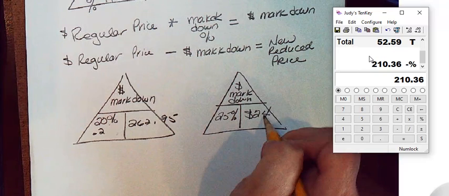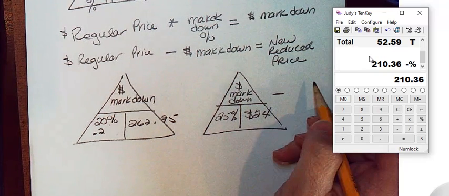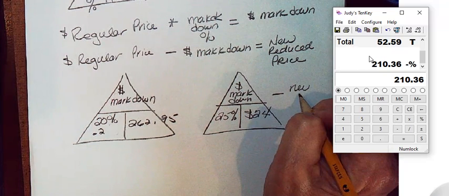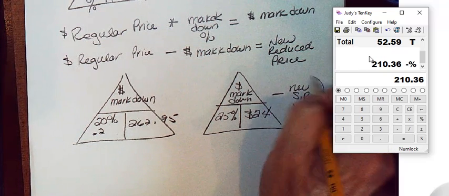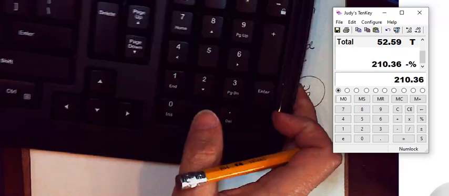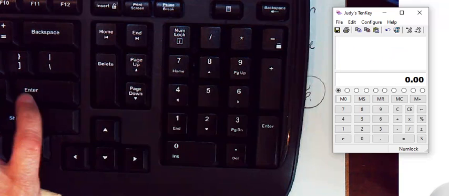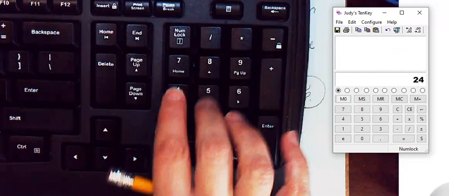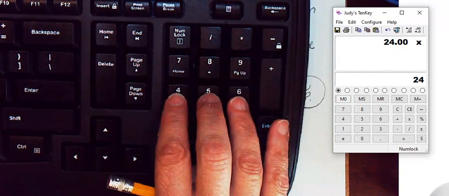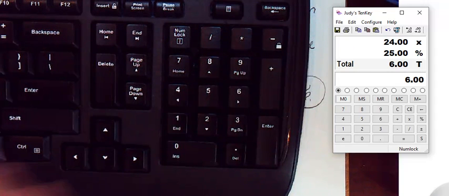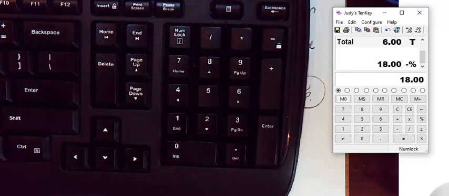And then regular price minus markdown is going to give you the new selling price. So we'll take our $24 sweater times 25%. It's going to be marked down $6, and you're going to sell it for $18. So the same as what you did on the previous page.